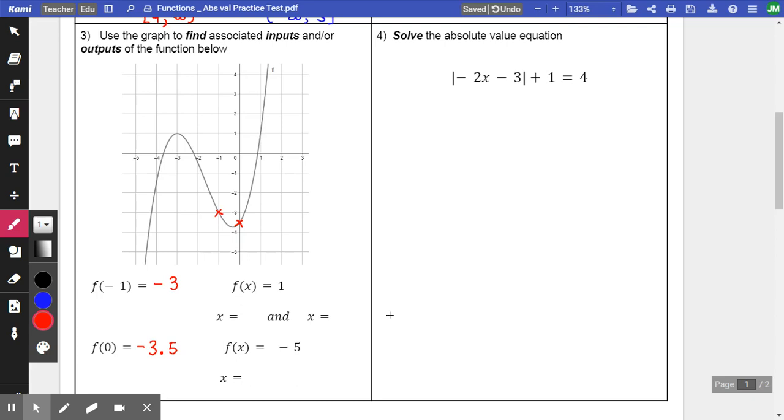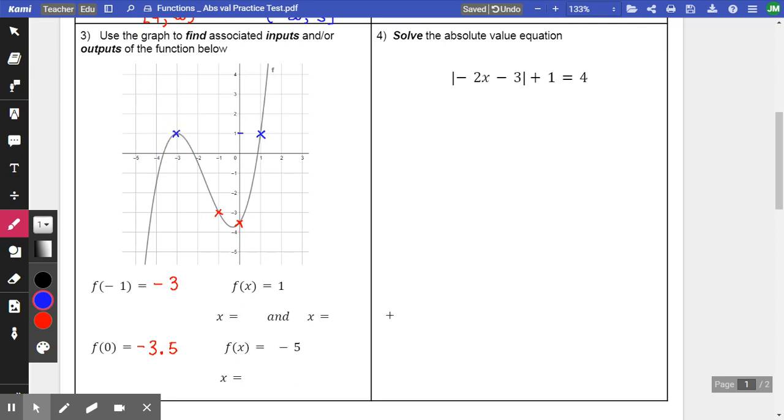Now we have f of x is equal to 1, where we're given the output this time, and the x, we're looking for the inputs. So going backwards, we're going to start out on the y-axis and try to match the y values with the x values. So f of x is equal to 1 lies here, and I have points right there and right here.